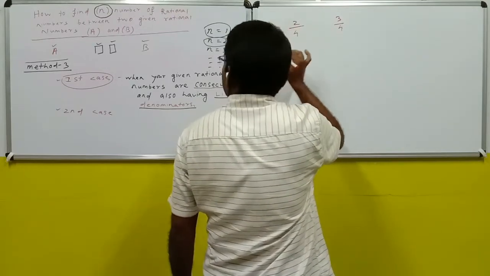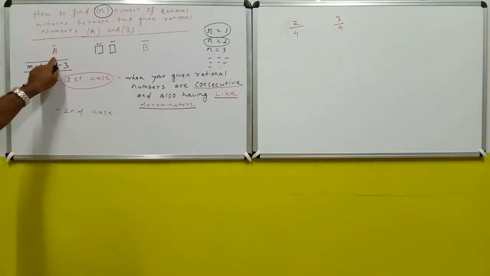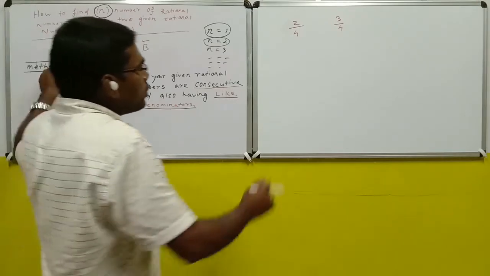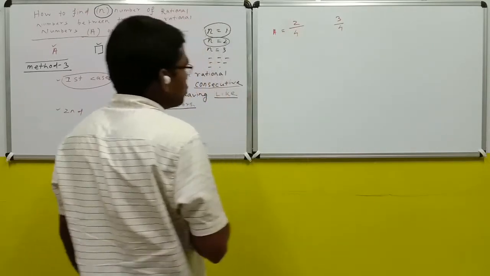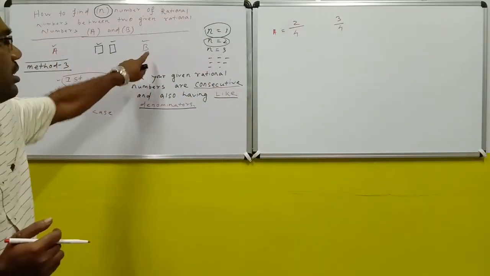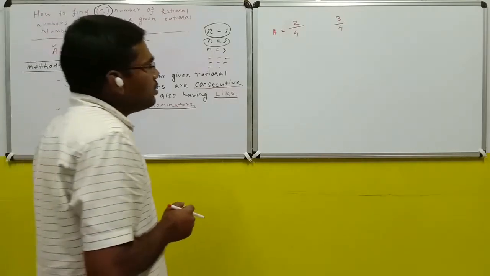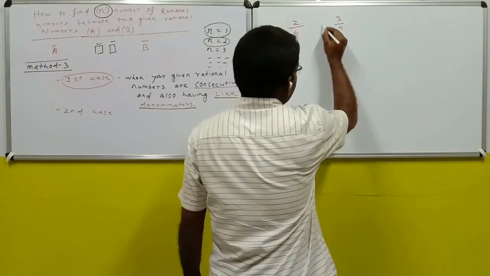Suppose this a is your given rational number, suppose its value is 2 by 4, and this b, suppose its value is 3 by 4.